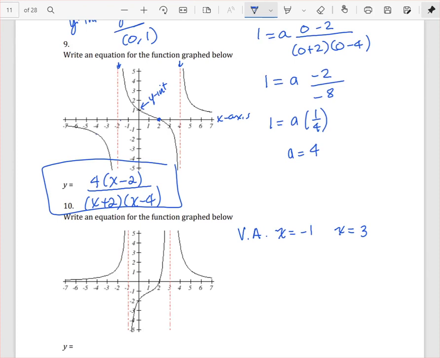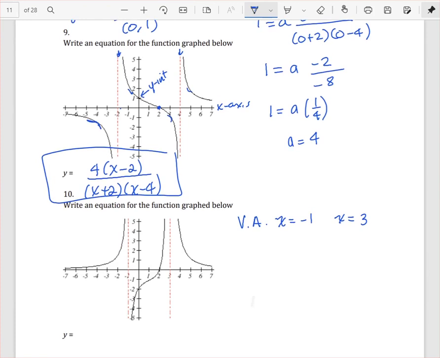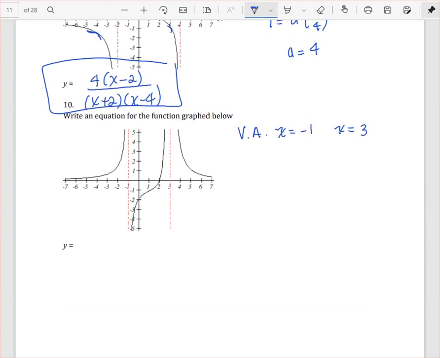You have the vertical and then you have the graphs on opposite sides. You see? Now on this one, the graphs are both on the same quadrant. So when that happens, this has a multiplicity of 2. It's an even multiplicity. And I'll show you how that plays out when we write the answer in a little bit.